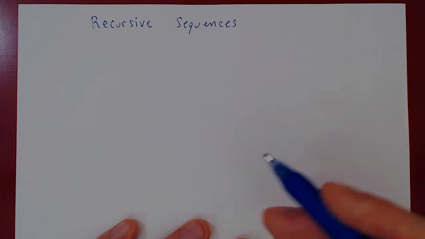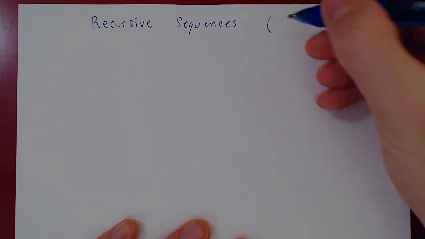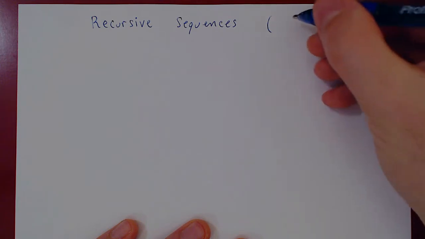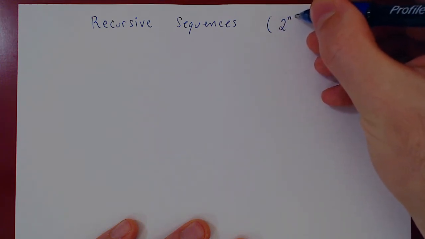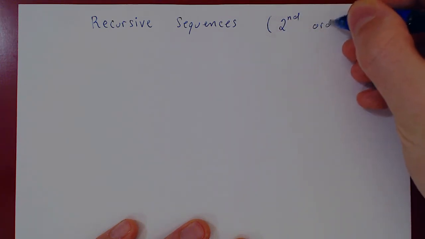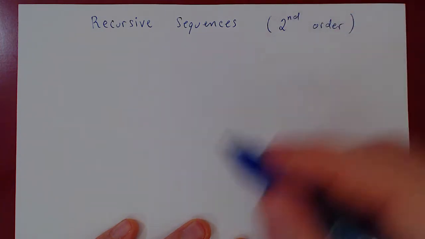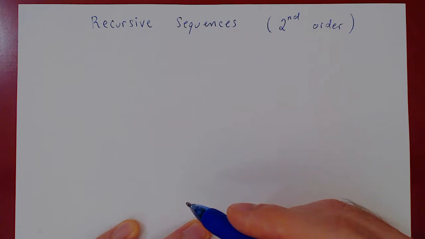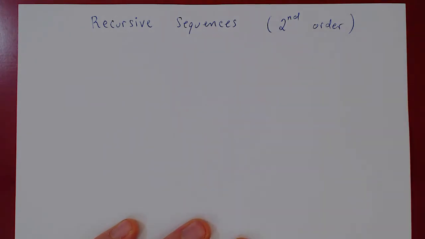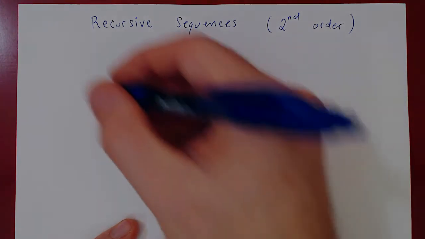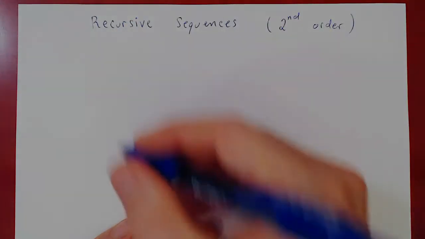And here we'll consider only one type of recursive sequences. We'll consider so-called second order recursive sequences. And you'll see why we use the word second order in a second. Consider the following example. Suppose we have a sequence.